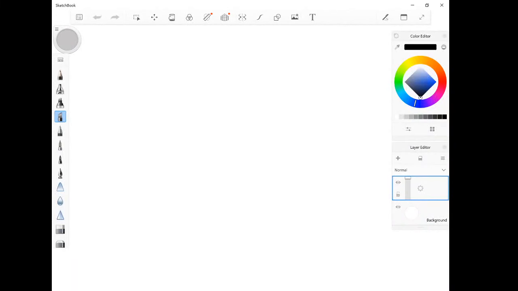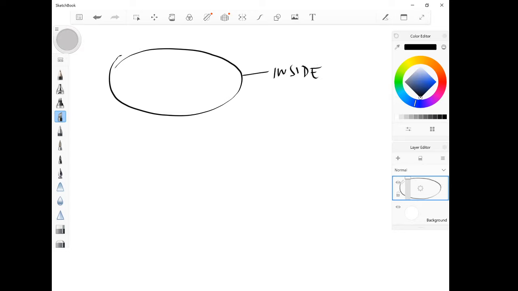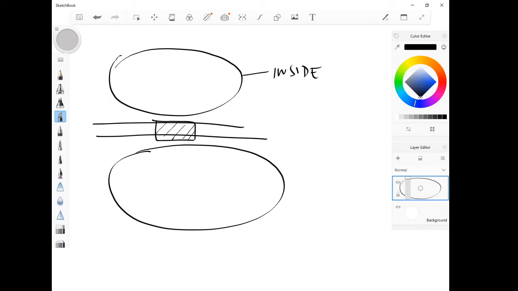Essentially, what you have is the inside of the nucleus, a membrane, a pore, and the outside.